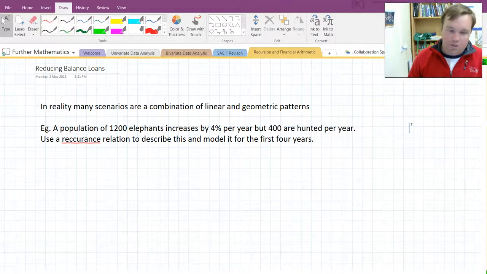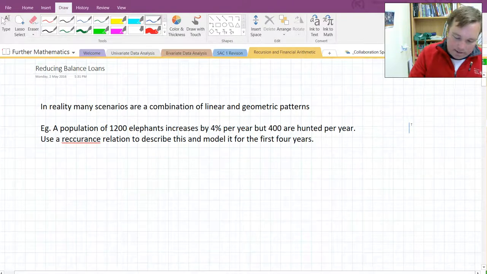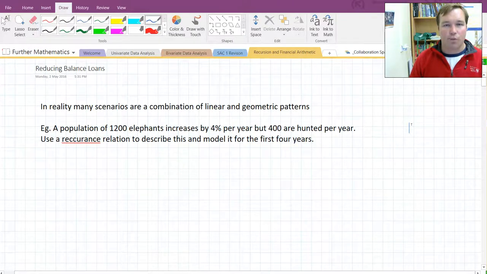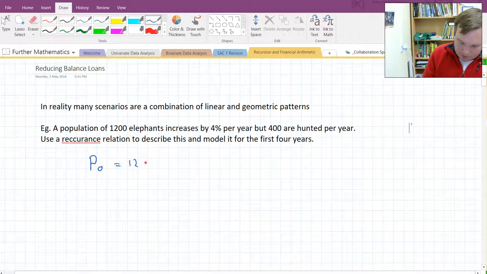A population of 1,200 elephants increases by 4% per year, but 400 die each year. So let's use a recurrence relation to model this and then see what happens over the first 4 years. So the initial number of elephants, and remember we can use any, so let's say the initial population is 1,200.